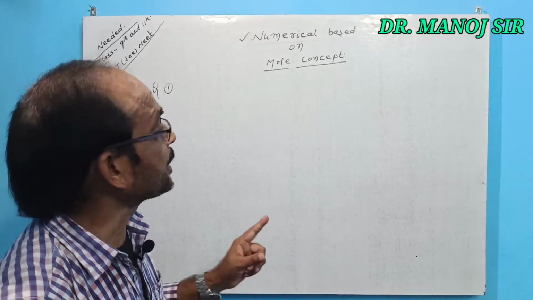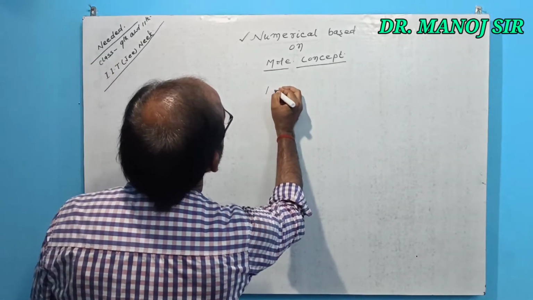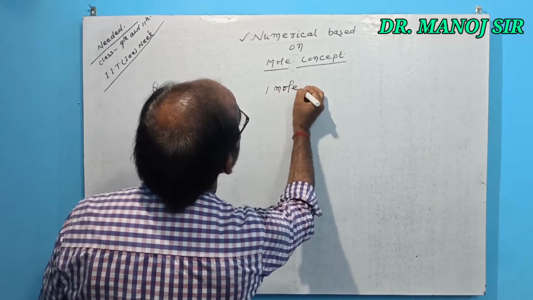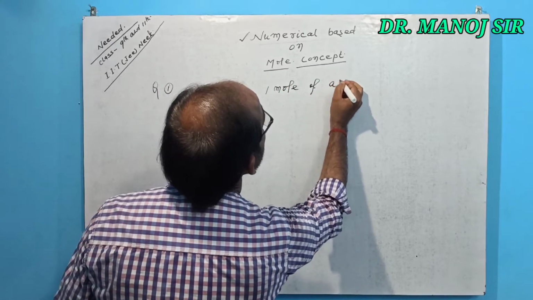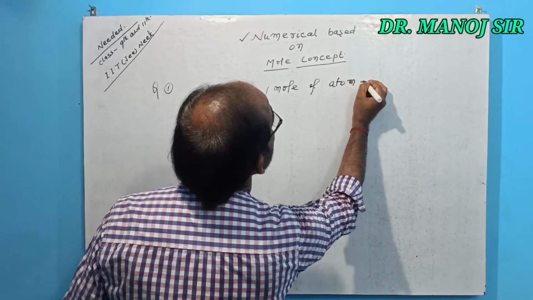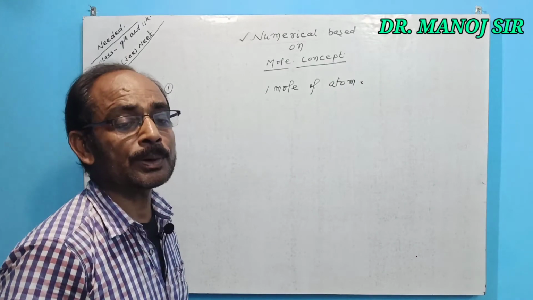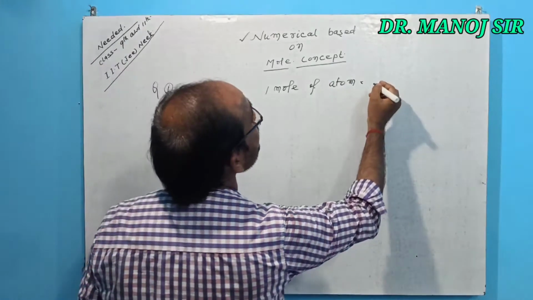1 mole of atom equal to gram atomic mass.